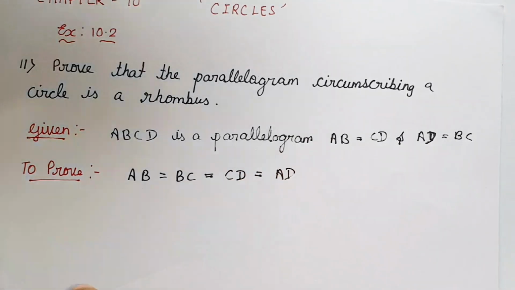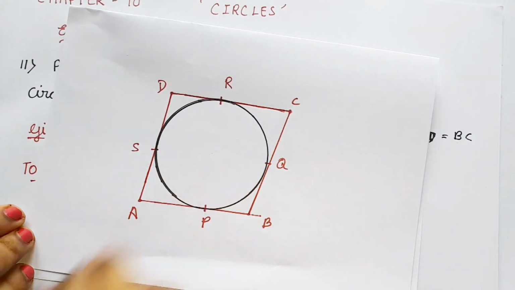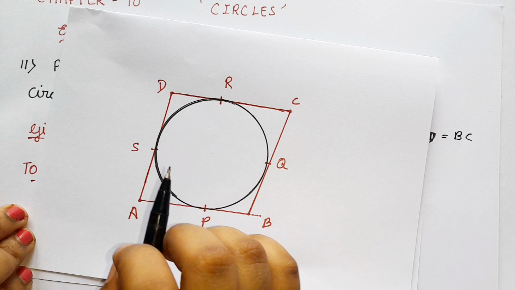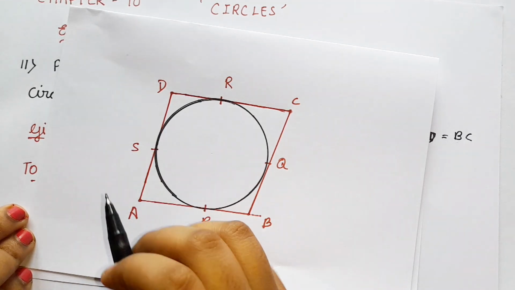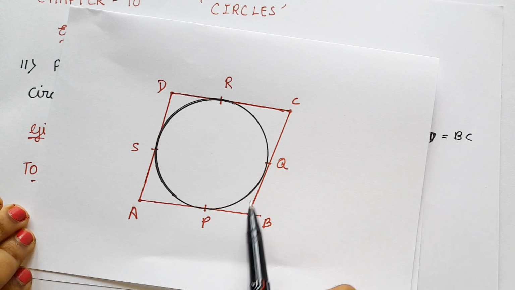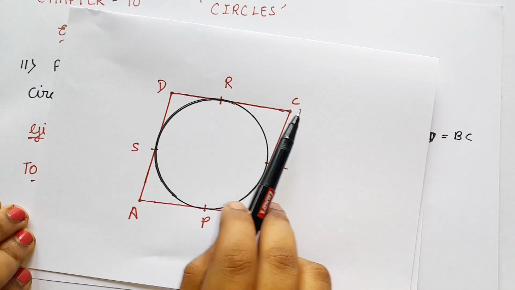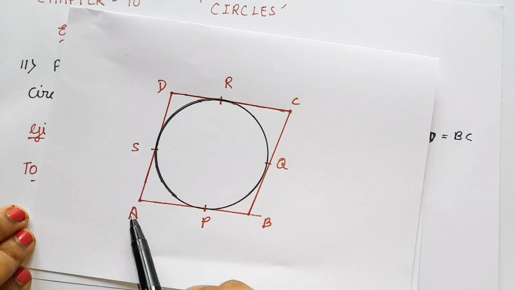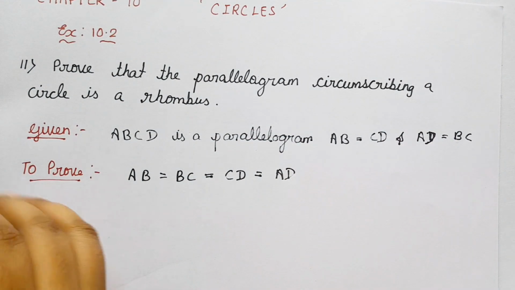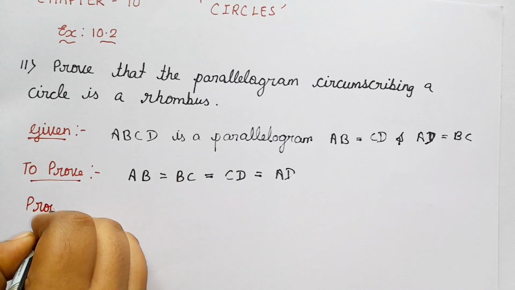I just told you we are supposed to show that this is a rhombus. How to show that? We are supposed to show all the sides are equal. So AB is equal to BC, BC is equal to CD and CD is equal to AD. That is what I wrote here. Okay, so to show something we need proof, right? So proof.